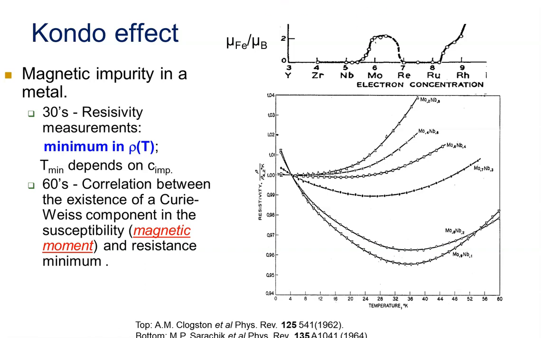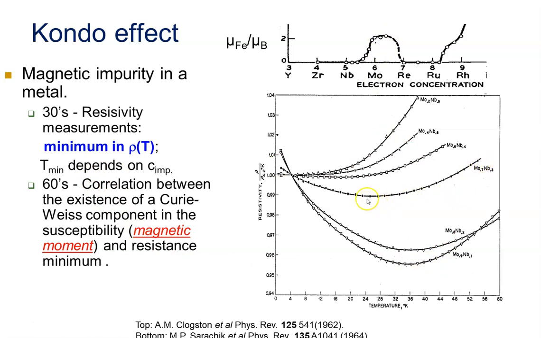So what happens now if you have a magnetic impurity? A few atoms scattered around, or a few magnetic impurities in a metal. What happens to the resistivity? It has been known since the 30s of the previous century that if you look, say, at different alloys of metals with magnetic impurities with a certain average magnetic moment for these impurities, you find that the resistivity doesn't always decrease with the temperature.